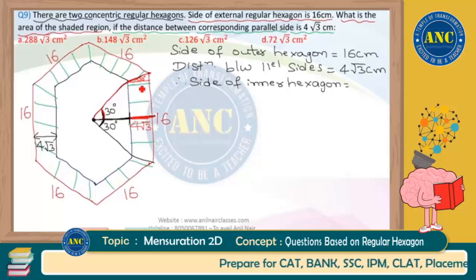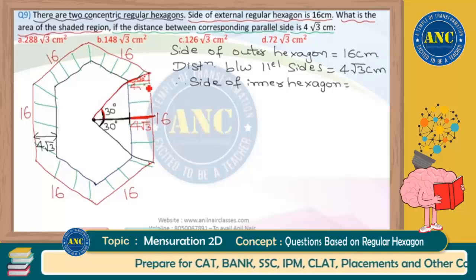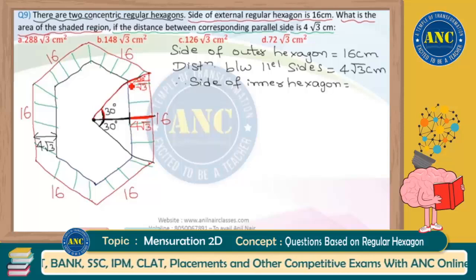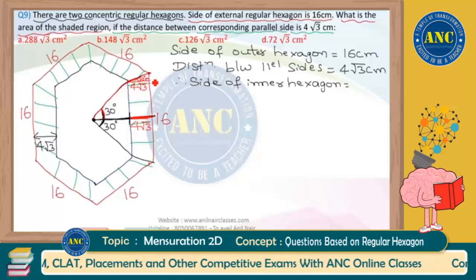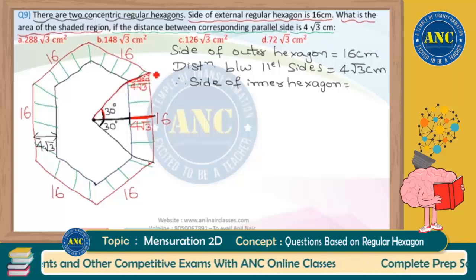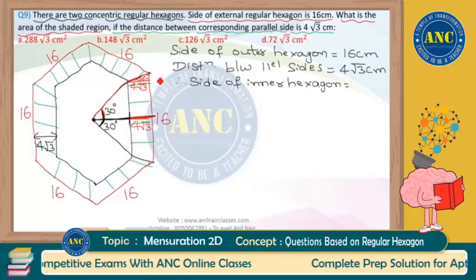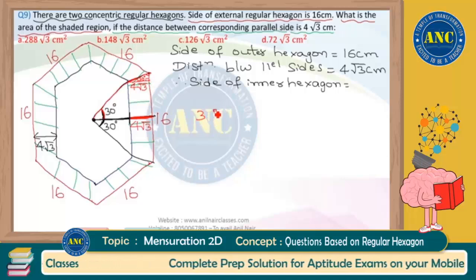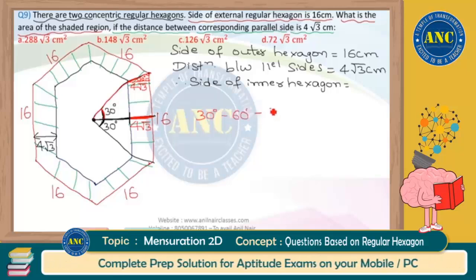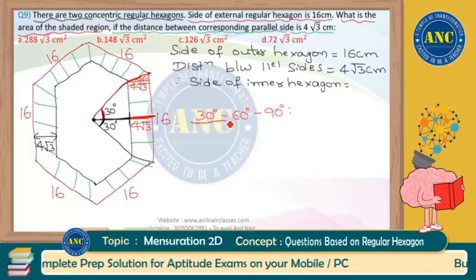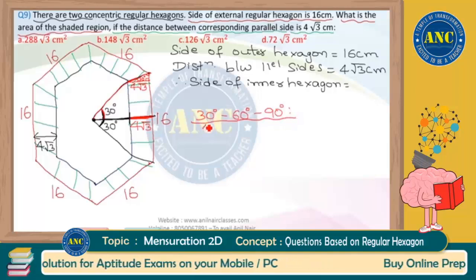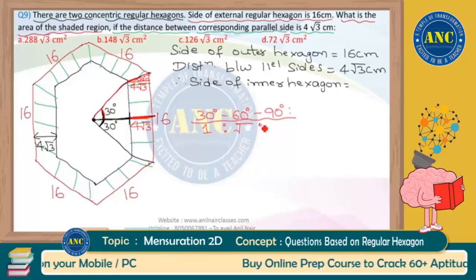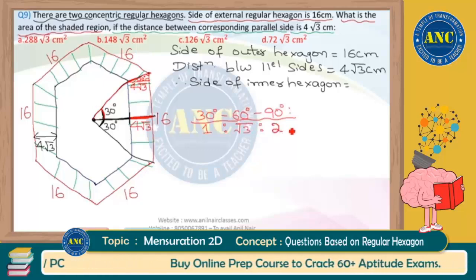And this is 4 root 3 units, or 4 root 3 centimeters or whatever it is. Can I say that this is 30, this is 90, so the other angle should be 60 degrees. Opposite to 30. So we are discussing a case where it is a 30, 60, 90 triangle, where opposite to 30 if the side is 1 unit, opposite to 60 will be root 3, opposite to 90 will be 2 units.